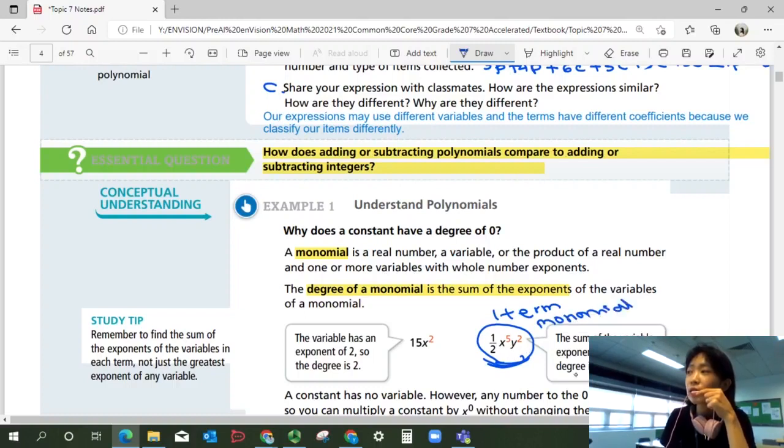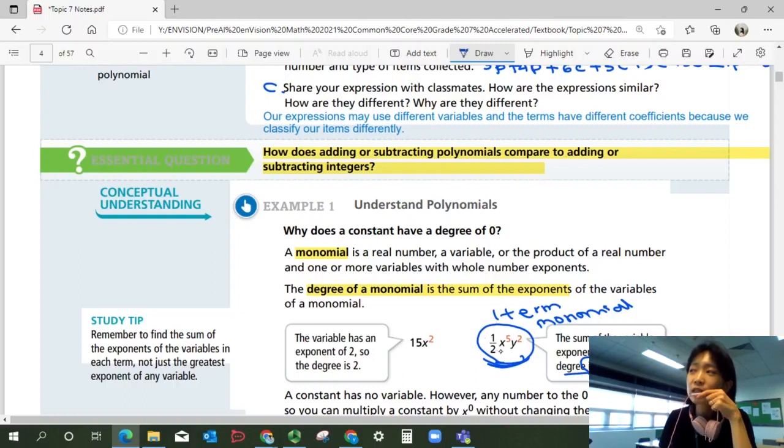And the degree of a monomial is all the powers in total from any variable. So x has a power of 5, y has a power of 2. So you add the degrees. 5 plus 2 is 7. So the degree of the monomial is 7.